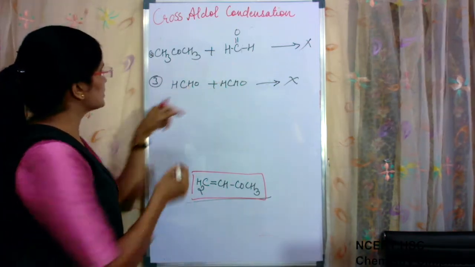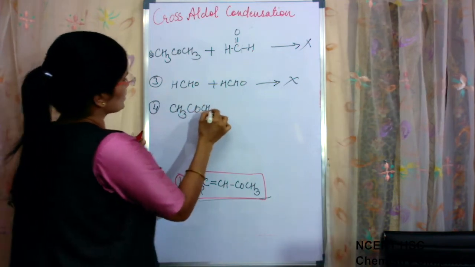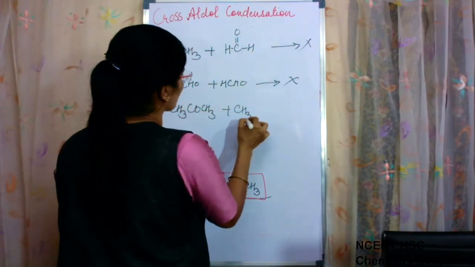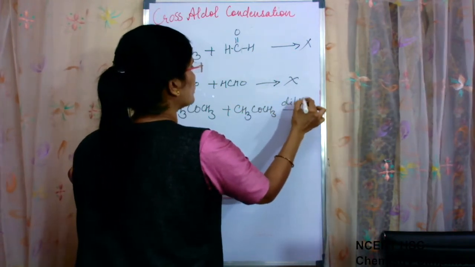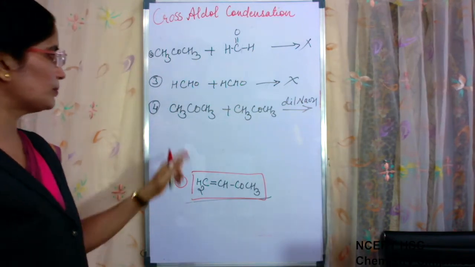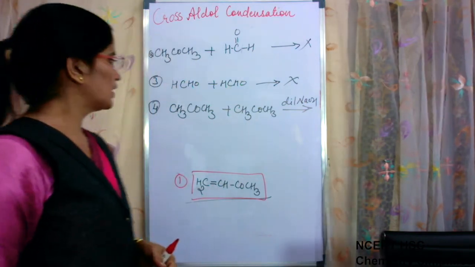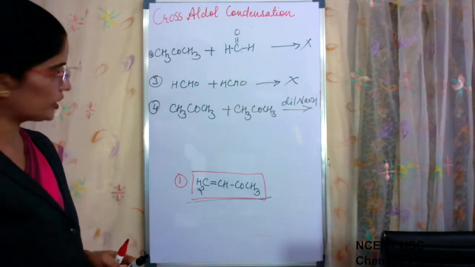But if acetone undergoes self-condensation, that is CH3COCH3 plus CH3COCH3 in presence of dilute NaOH, this condition is possible because here both have alpha hydrogen. So we eliminate water from this.